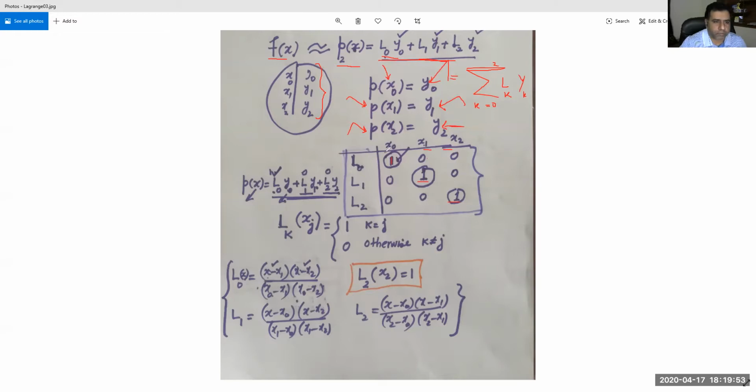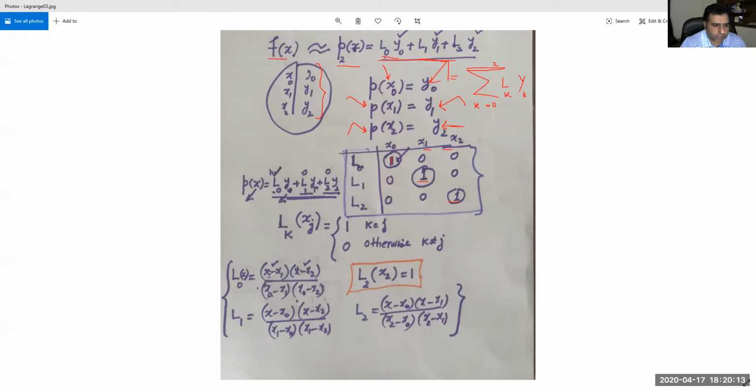So with this, we have the guarantee that the polynomial will give you the same result as given in the data points. It's very easy to verify that L naught is 1 at x naught.